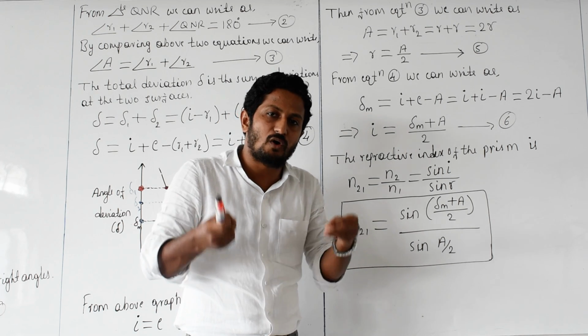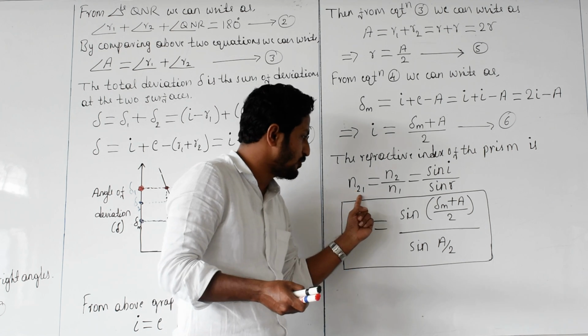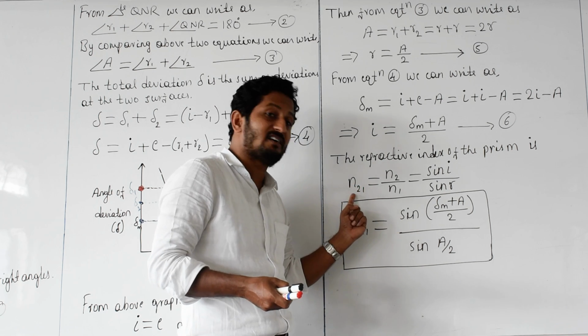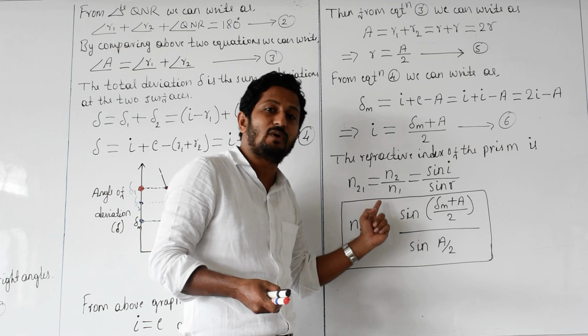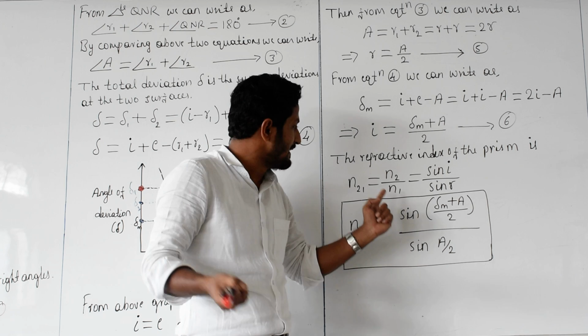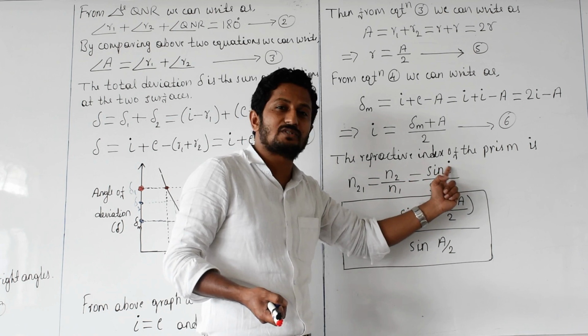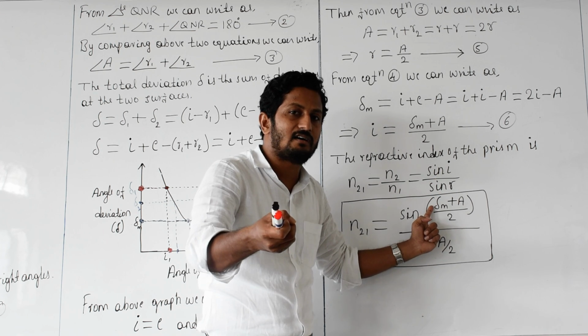That's why I have written n21, refractive index of the prism with respect to air, or with respect to the one medium, is equal to n2 by n1. That is equal to sin I by sin R.